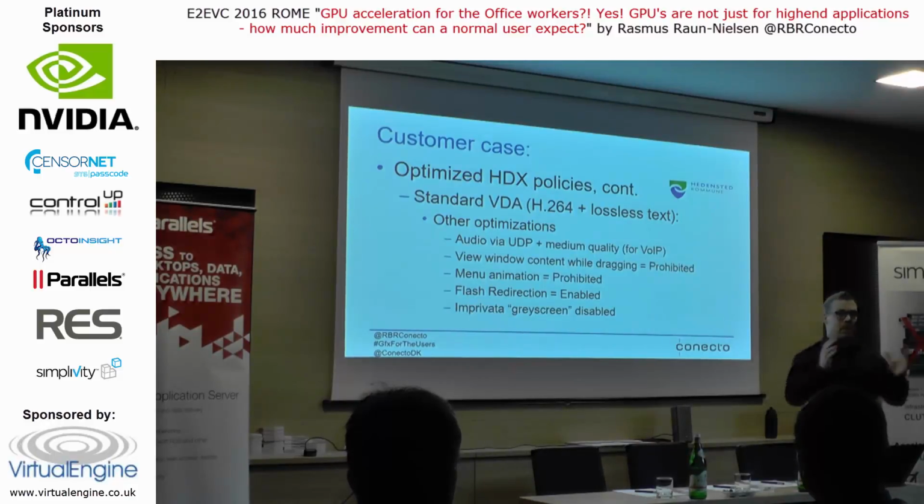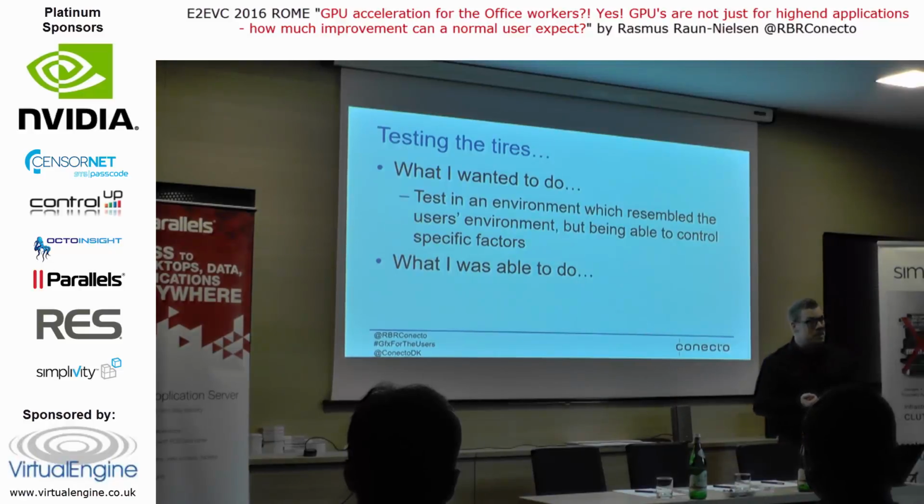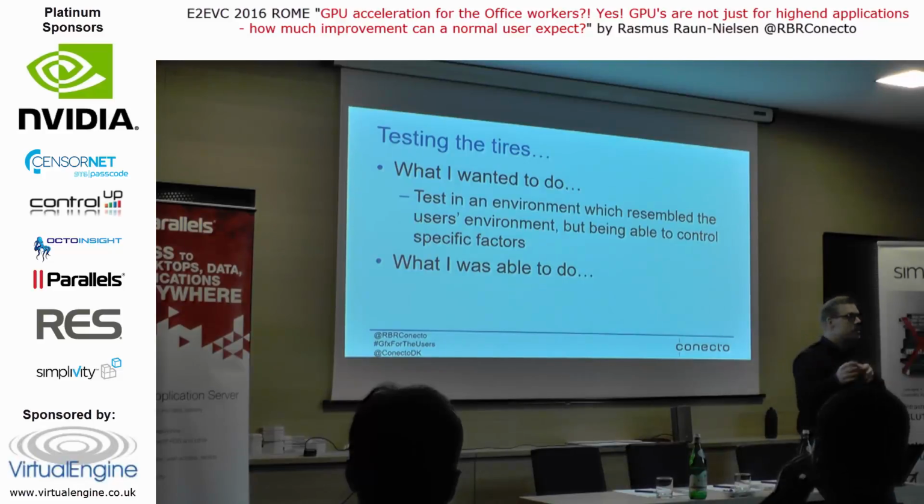So I got the opportunity to test this environment a little further to see what other benefits it had. I wanted to test an environment which resembled the users' environment, but still one in which I had control, and where I could define what was to be changed and what was to be tested.